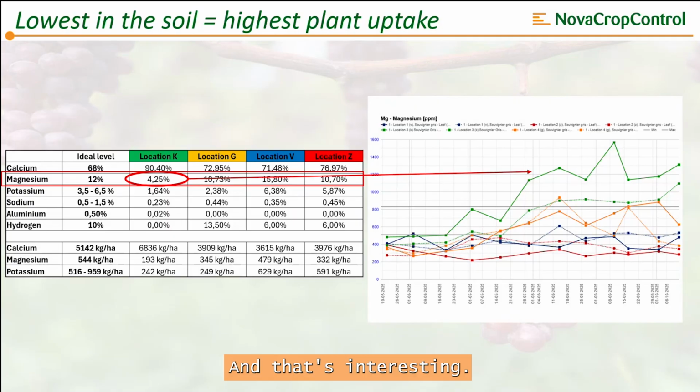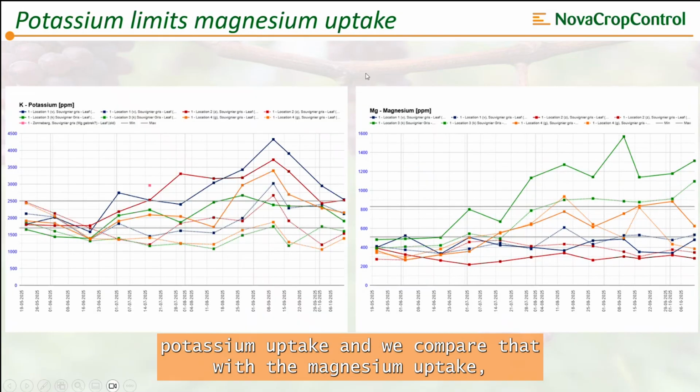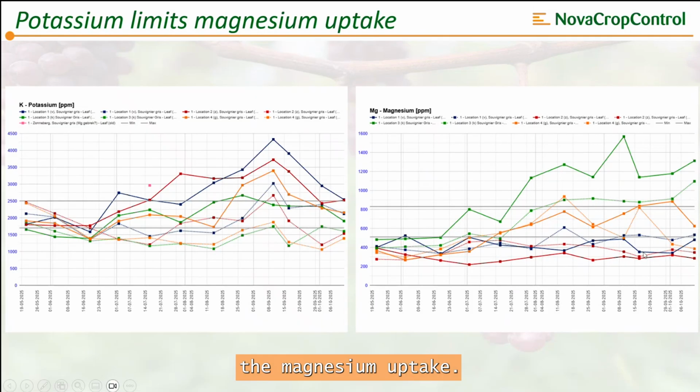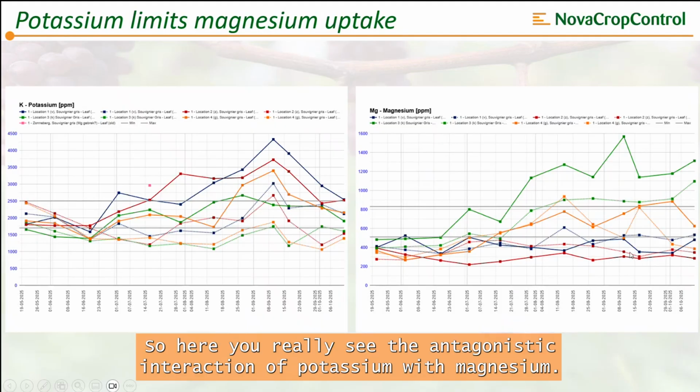And that's interesting. If we then look at the potassium uptake and compare that with the magnesium uptake, you see very clearly that the higher the potassium, the lower the magnesium uptake. So here you really see the antagonistic interaction of potassium with magnesium.